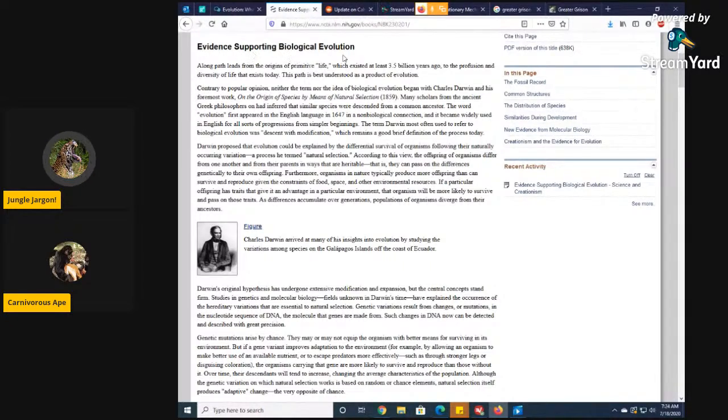Evidence supporting biological evolution. And people talk about, oh, it must be a vast conspiracy. Look at it. You see all these numbers of even Christian papers, evidence supporting biological evolution when there's zero evidence of any evolution. Zero. And you got paper after paper after paper claiming evidence of evolution when there's zero evidence of evolution.